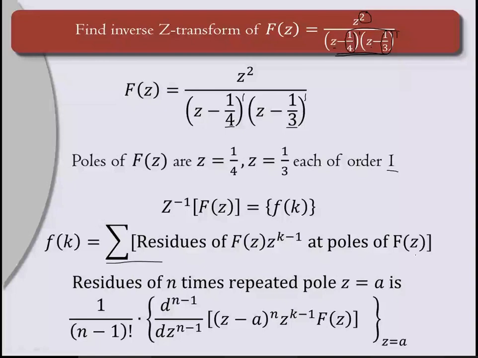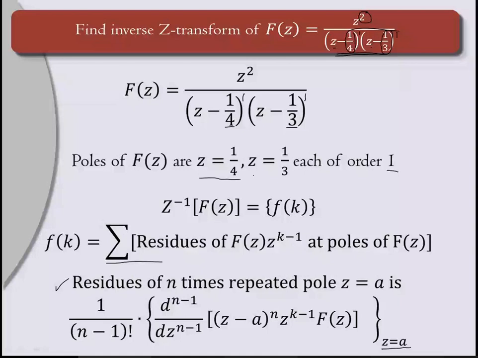Just recalling the formula, the residue of an n times repeated pole z equal to a is 1 upon n minus 1 factorial, d raised to n minus 1 by dz raised to n minus 1, of z minus a raised to n, z raised to k minus 1, f of z, at z equal to a. We have to make use of this formula. We have to find the residue at this point as well as the residue at that point.